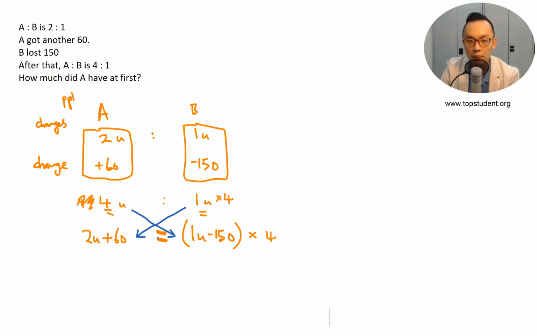Then they will become equal and I can solve it. Because 1 times this is still 1, this question is a bit easier. So let's work this out. 4 times 1U is 4U. 4 times 150 is 600. So 4U minus 600 equals 2U plus 60.